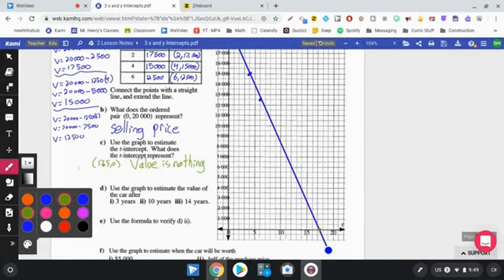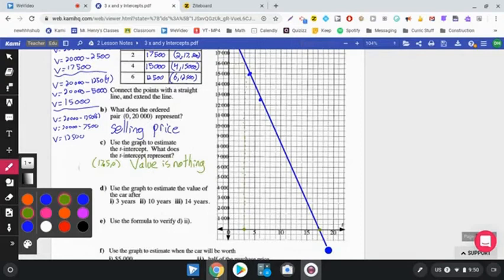Okay. D. Use the graph to estimate the values after 3 years, 10 years, 14 years. Okay, so this is where I'd get my ruler out again, and I would go 3 years. Here it is. I'm marking my way up that line, trying to find what point on the graph has a value of 3 years.